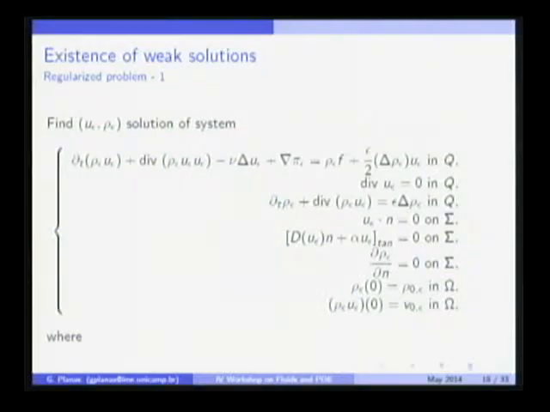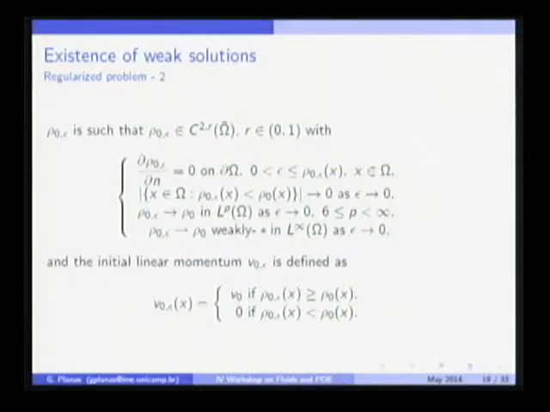They are suitable regularized functions. In fact, rho 0 epsilon is smooth and, of course, satisfies the Neumann boundary condition. One of the important things is that the approximation is strictly positive.